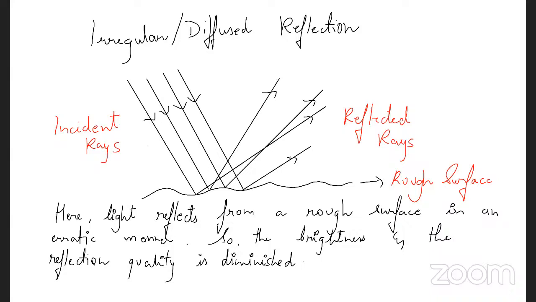Hope the two types of reflection are clear, regular reflection and diffuse reflection. In your book, the laws of reflection are given.